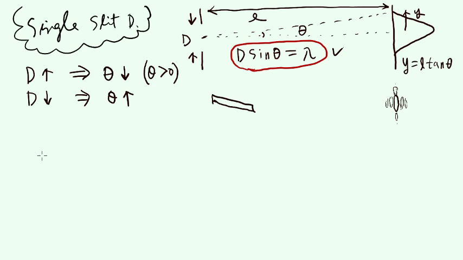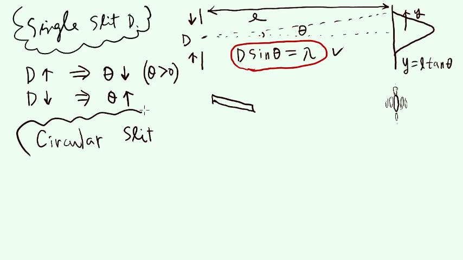Okay. Now we discussed this rectangular slit. Another important type of slit is a circular slit. Why is it important? Well, I don't know. Circles are nice. So what is the diffraction pattern from a circular slit?